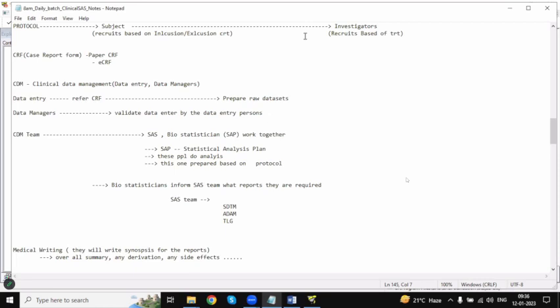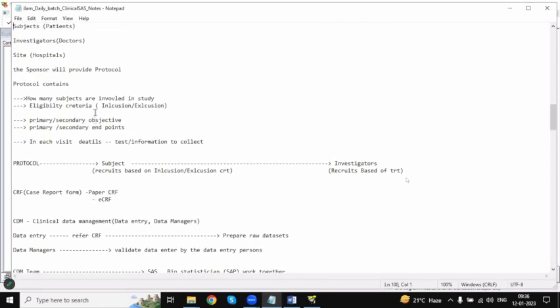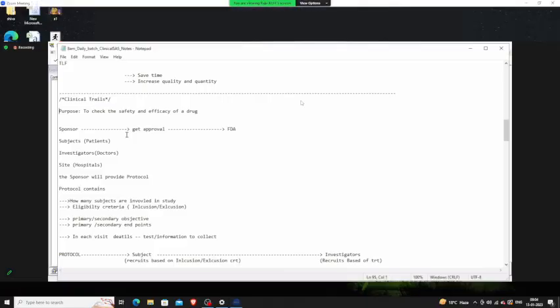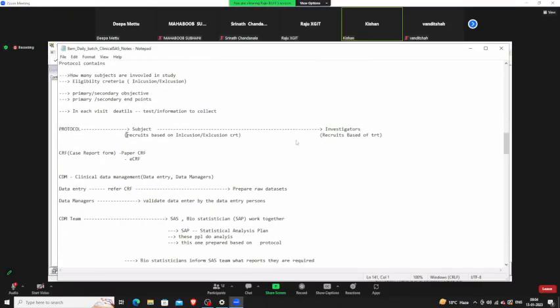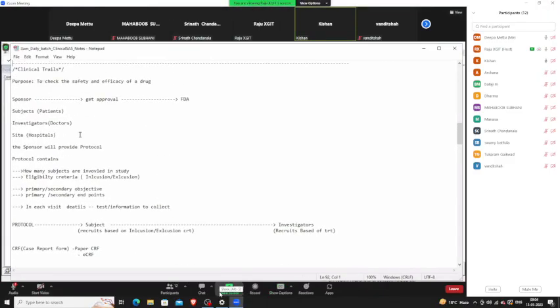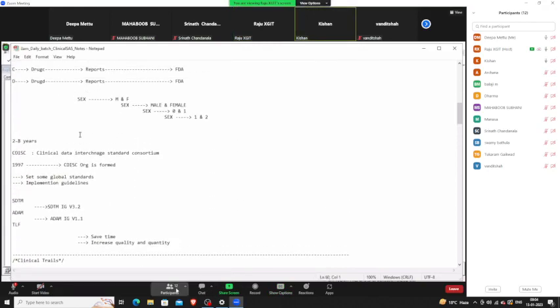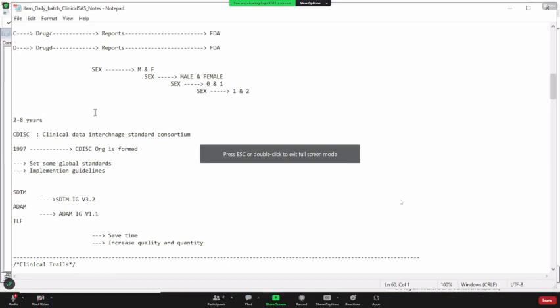Hi, Sudarshan. It's just for information. After we got all the guidelines since 1996, you said? 1997. So how much time is it taking now for a medicine? Previously it was 2 to 8 years.